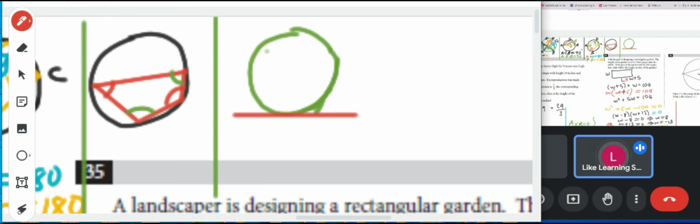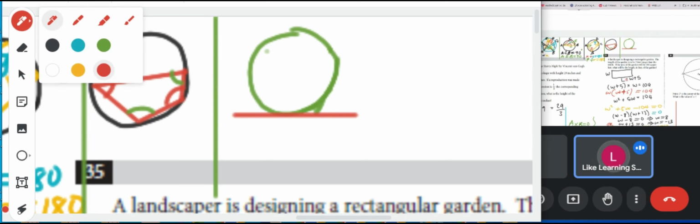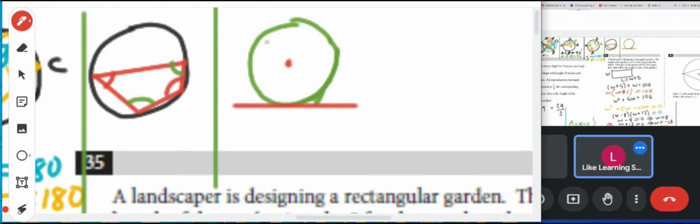A tangent is a line that is closely touching a circle, closely touching an arc or a curve. The angle between a tangent and any radius must be 90 degrees. This is a radius, this is a tangent.